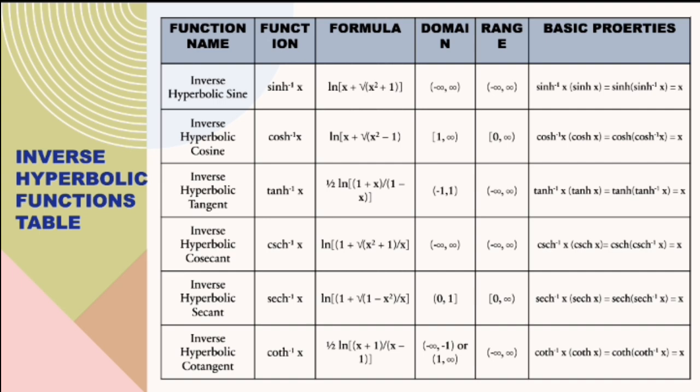The inverse hyperbolic cosecant is ln((1 + square root of x squared plus 1)/x). The inverse hyperbolic secant is ln((1 + square root of 1 minus x squared)/x). The inverse hyperbolic cotangent is 1/2 ln((x + 1)/(x - 1)).